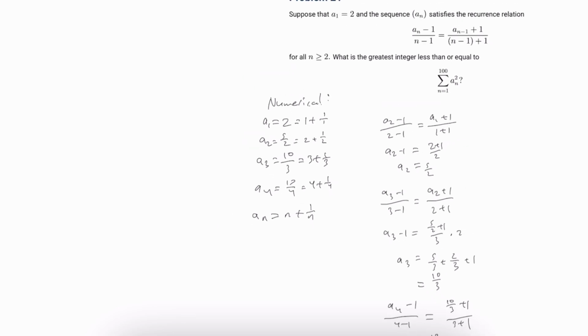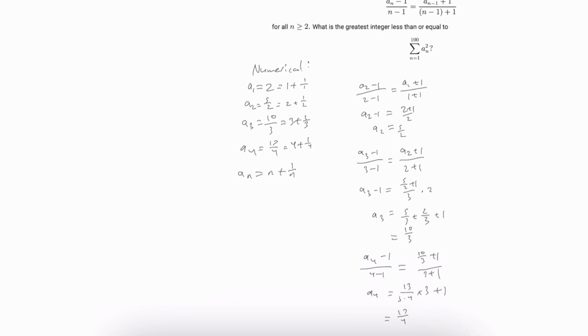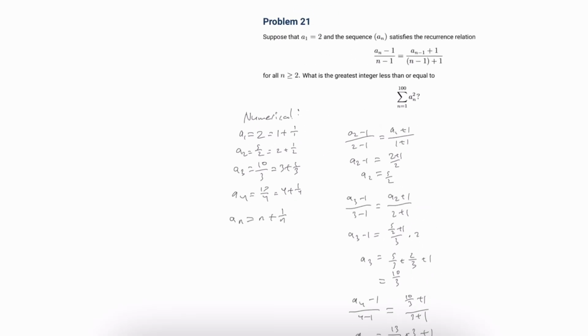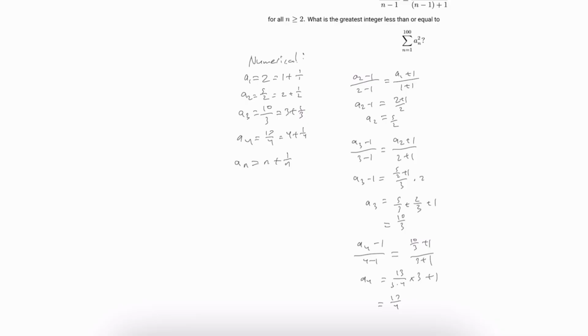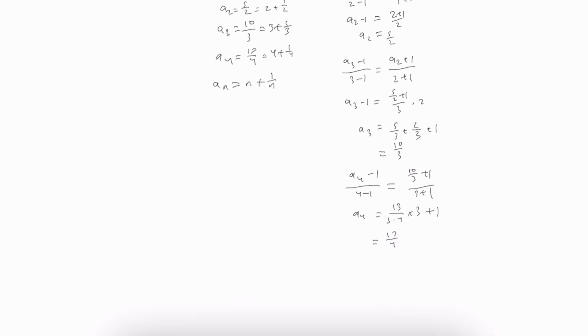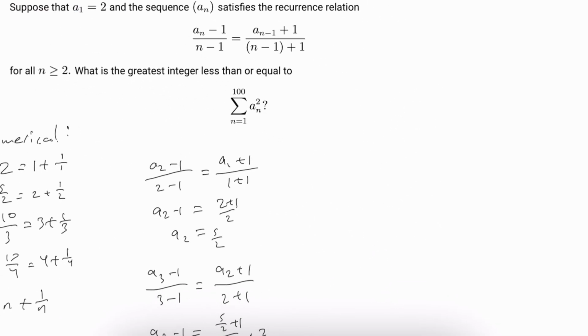And is this the case? Well, we can just plug it into our recurrence relationship and see if it holds. Right, so we want to show that n plus 1 over n minus 1 over n minus 1 is equal to n minus 1 plus 1 over n minus 1 plus 1 all over n minus 1 plus 1.